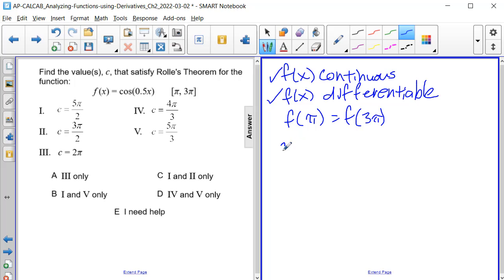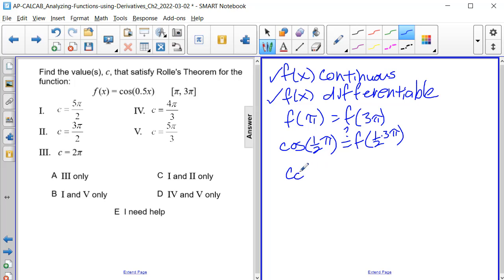So we are going to have cosine, and then because I'm dealing with trigonometry, I'm going to convert this decimal into a fraction. So I have 5/10 is equal to 1/2 times pi, and then is it going to be equal to 1/2 times 3 pi when we evaluate it?